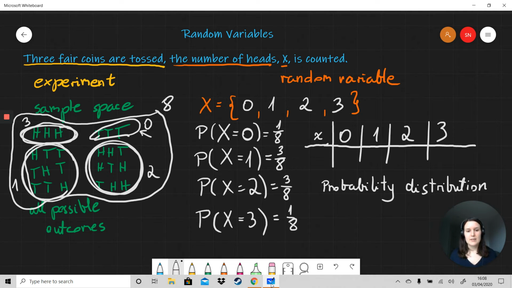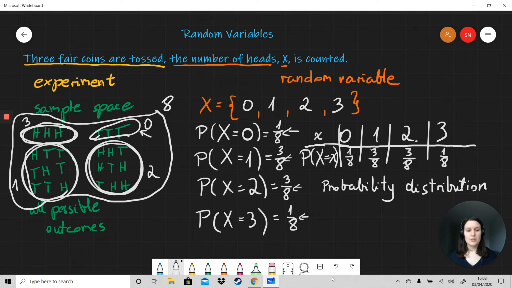And then in the bottom row, I will list the probability that the random variable is equal to x, so 0, 1, 2, and 3. The probability that x is 0 is 1 over 8, 1 is 3 over 8, 2 is 3 over 8, and 3 is 1 over 8. This is the probability distribution.